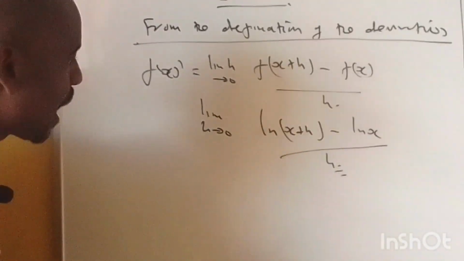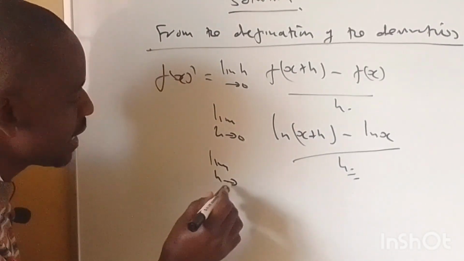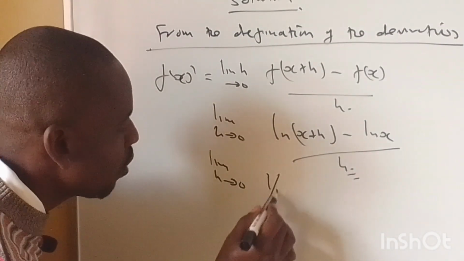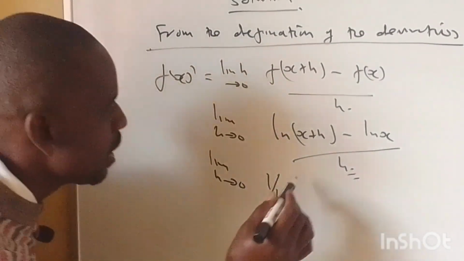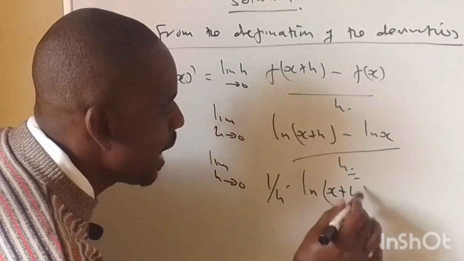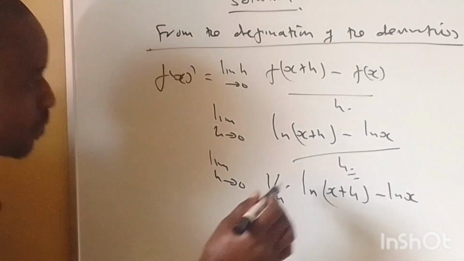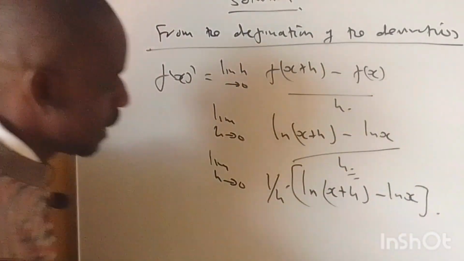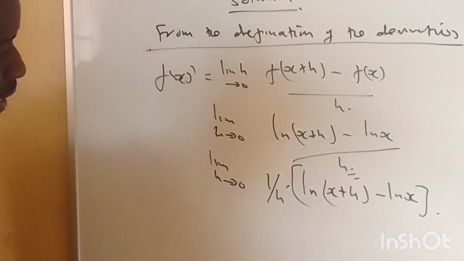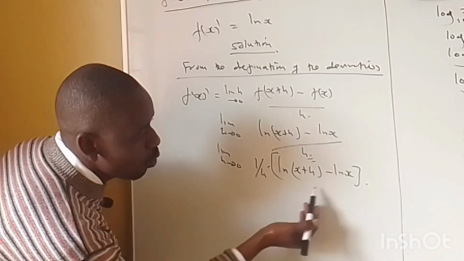So when I take it outside, we have as the limit h is tending to 0, 1 over h multiplied by the natural log of x plus h minus ln of x. Put it all over the bracket. Yes, it's very beautiful.